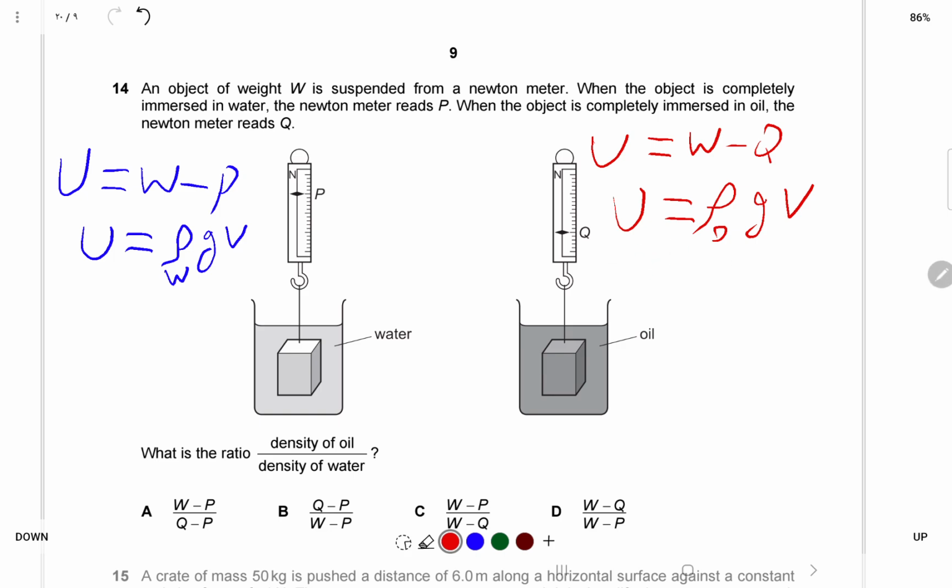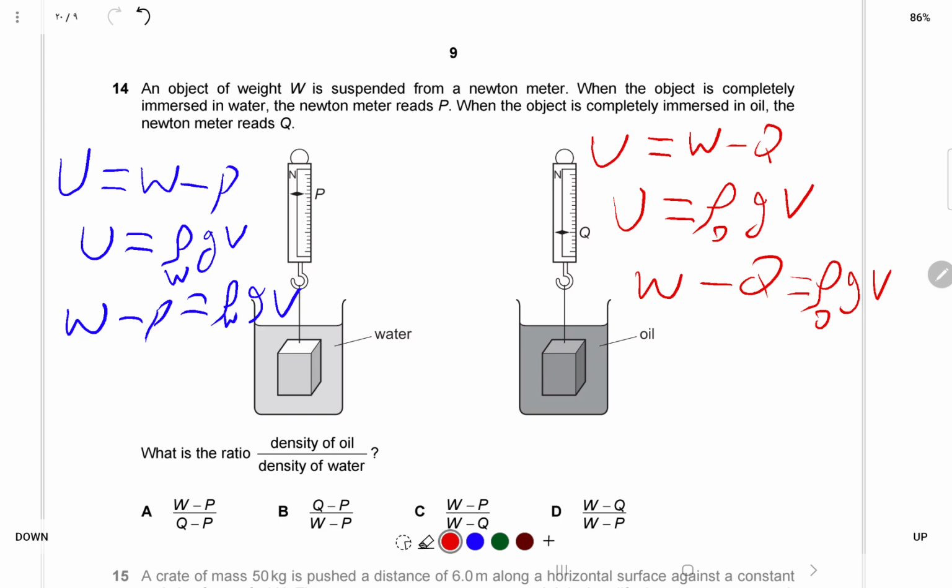Now here the upthrust is different in both of the diagrams. So let's write here W minus P equals rho of water G V. And let's write here the upthrust W minus Q is equal to rho oil G V.